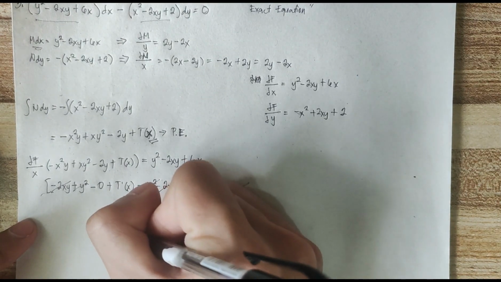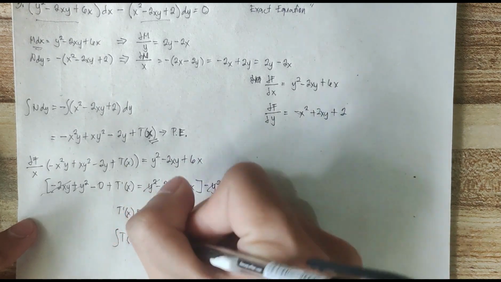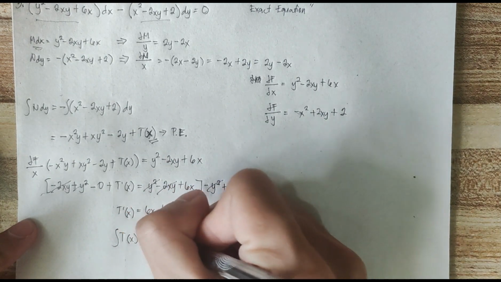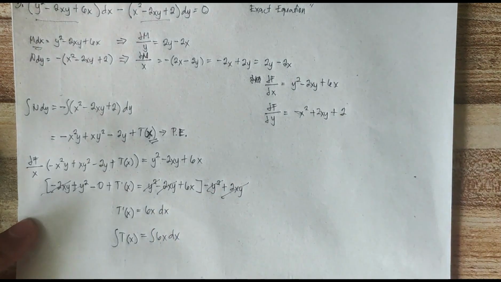So we have the integration of t prime of x equals the integration of 6x dx.